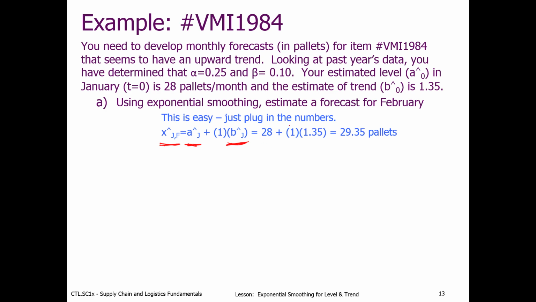So I give you all this, right? My estimated level is 28. Gave that to you up here. I'm going 1 month in the future, and I'm going to use my estimated trend in January, which is 1.35. So I'm just adding them together, and I get 29.35.